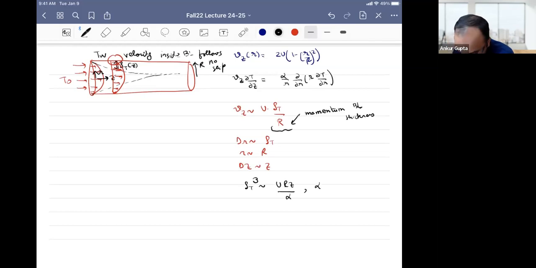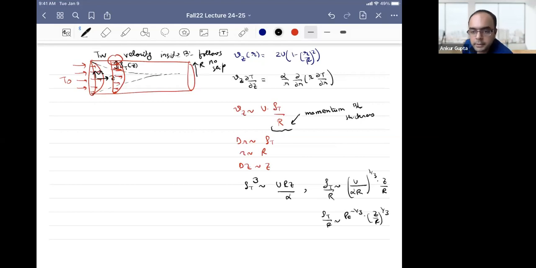So delta T is (alpha R by U)^(1/3) times Z by R. Delta T by R becomes Peclet to the power of minus 1/3 times Z by R to the 1/3.